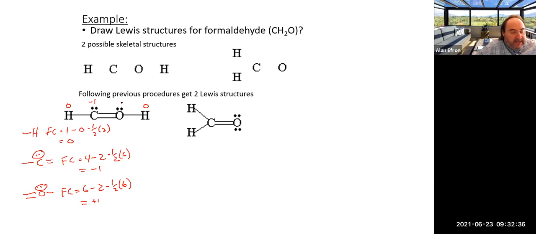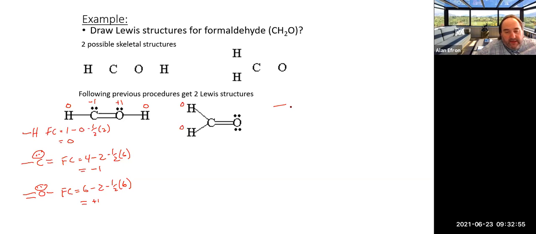All right, so not terrible per se. We got some zeros in terms of formal charge. We got some 1s happening here. Let's take a look at the other possible way you could have put this together. Hydrogen will come out the same as what we had before, so that's going to be 0. This is going to be 0.